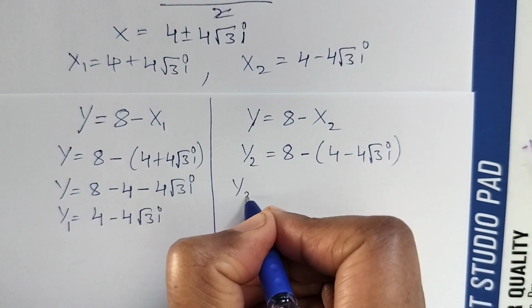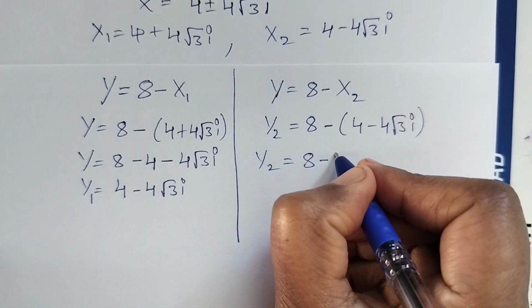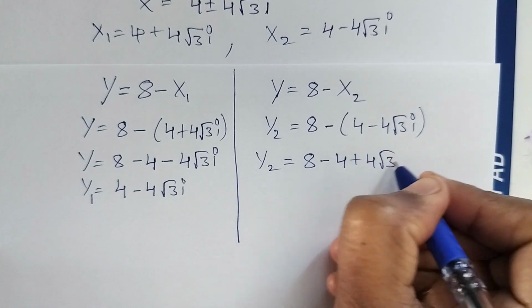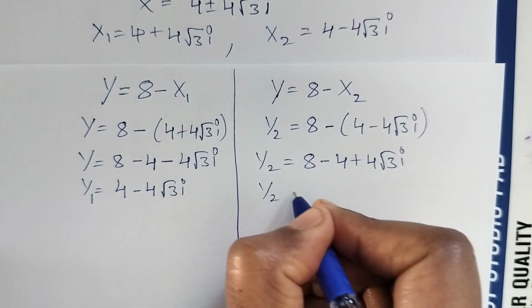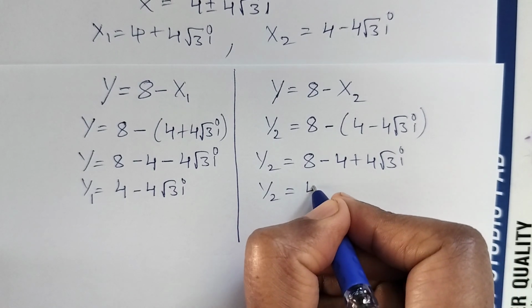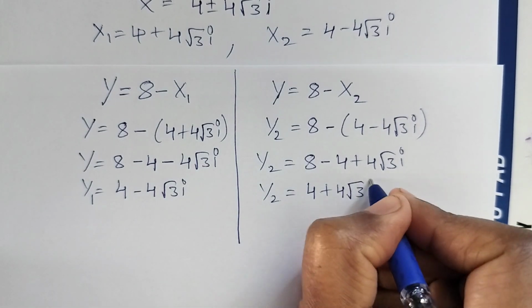So y2 is equal to 8 minus (4 minus 4 square root of 3i). Minus minus becomes positive, so y2 is equal to 4 plus 4 square root of 3i.